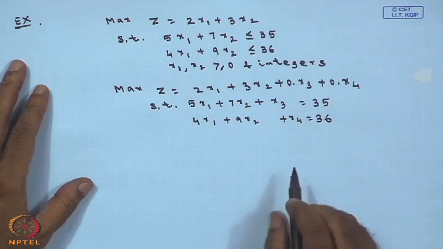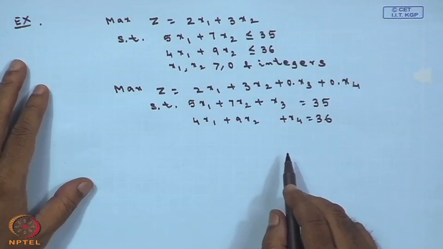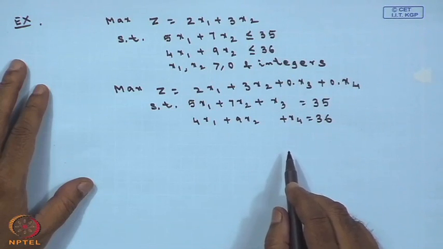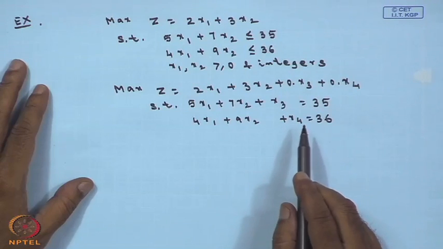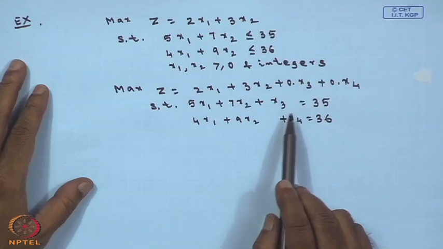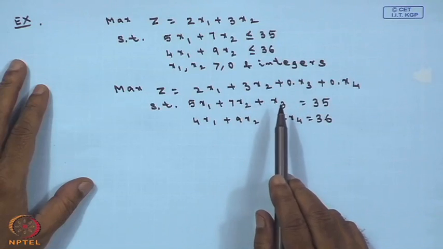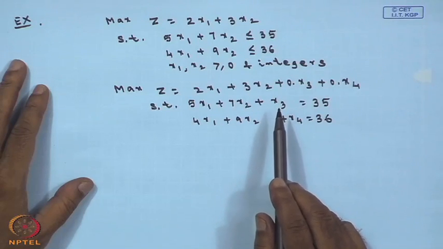So, this is in standard form, of course with plus 0 times x3 plus 0 times x4. Using the simplex algorithm, you can find the solution of this particular problem. But for simplicity, I am not developing the simplex algorithm for this problem, because it consists of only two variables.